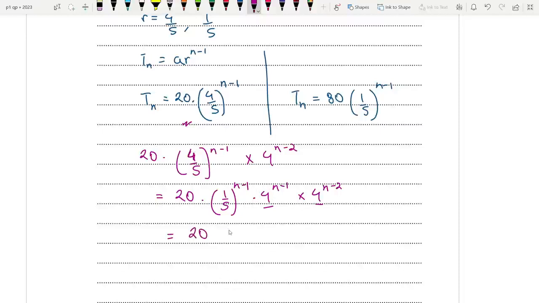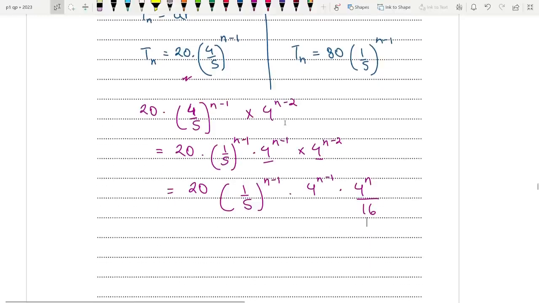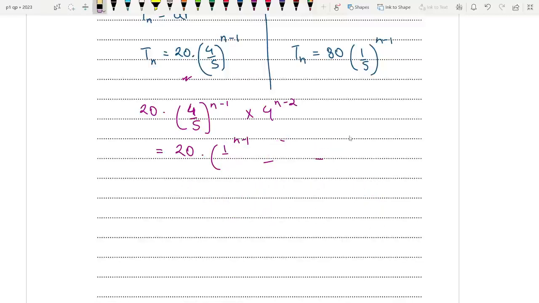Because check this. This can be written as 20 by 5 to the power n minus 1 into 4 to the power n minus 1 times 4 to the power n divided by 4 square, which is 16. So I actually end up with 20 by 16. There's no way that I end up with this because I need an 80. But my value is just becoming lower. So I don't think this is the correct way. I think it was the other way around.